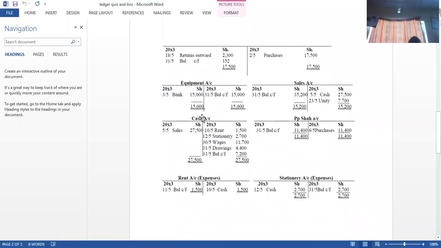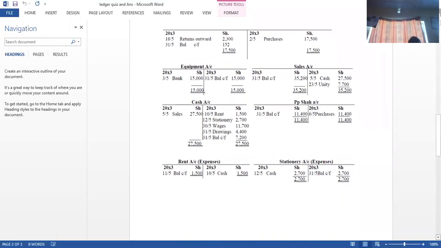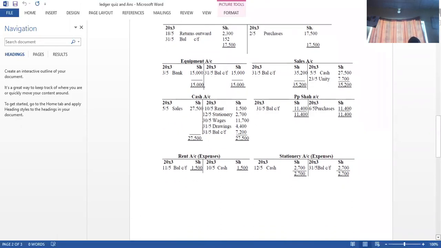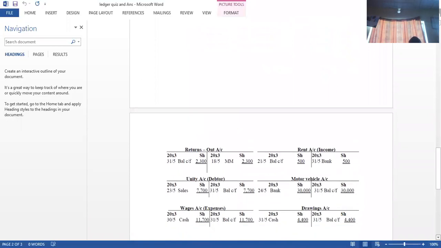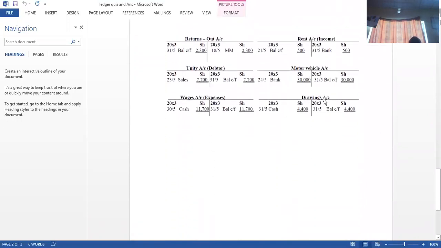Note, anytime cash is reducing, we credit. So the cash for the business is reducing because the owner has taken that money away from the business. And then you open an account for drawings, which is actually here, and the drawings is normally debited like that.